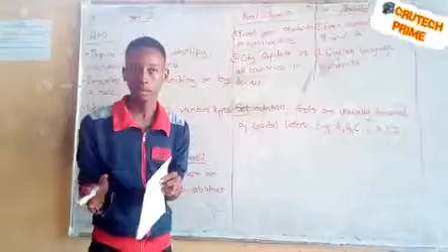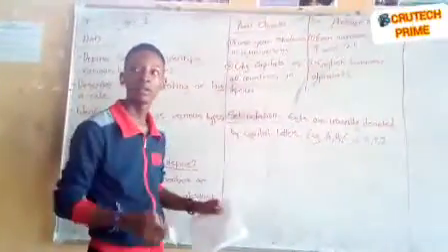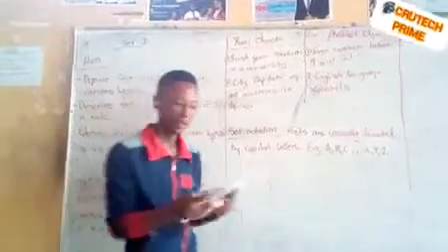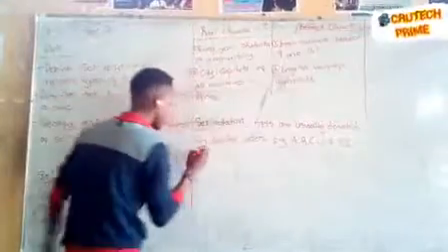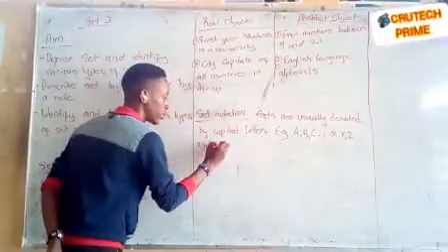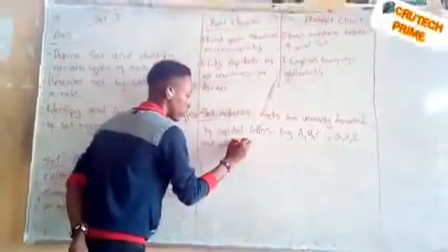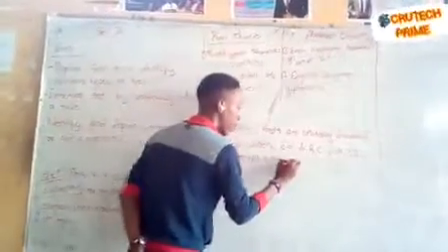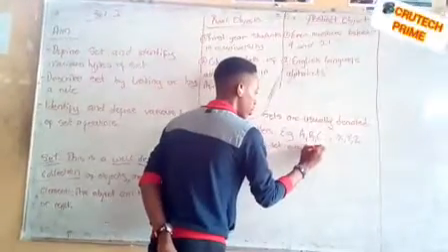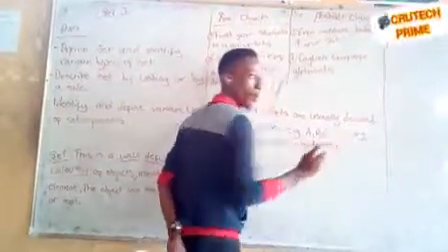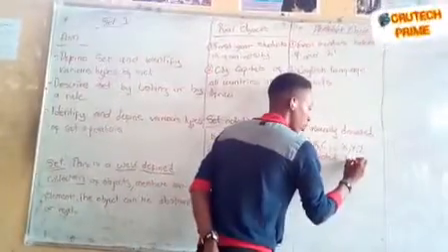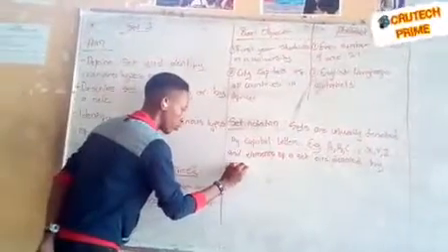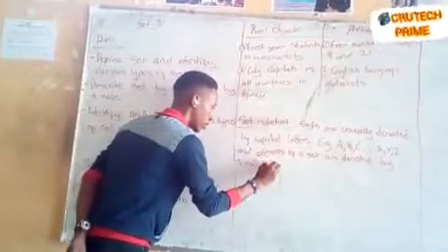Get this correctly. Sets are denoted by capital letters. The elements of a set are denoted by small letters.